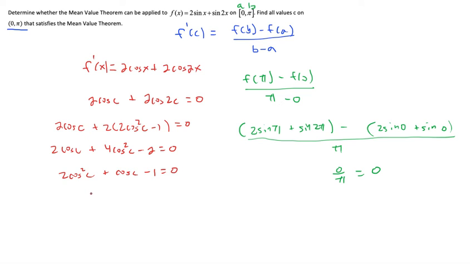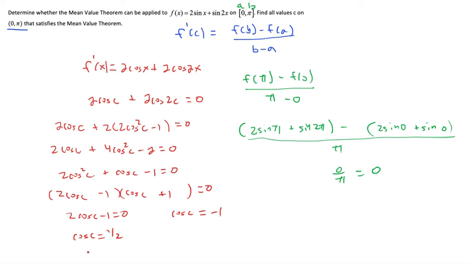Now I have a quadratic type equation, so I can factor this. I'm going to get 2 cosine of c, and the cosine of c here looks like a plus 1 and minus 1 equals 0. So I get 2 cosine of c minus 1 equals 0, so cosine of c is equal to a half. Here I get cosine of c is equal to negative 1.